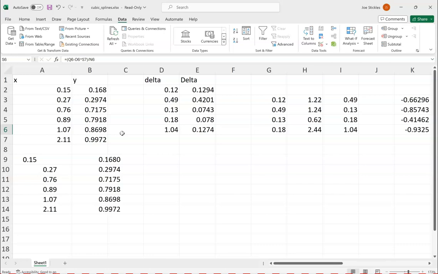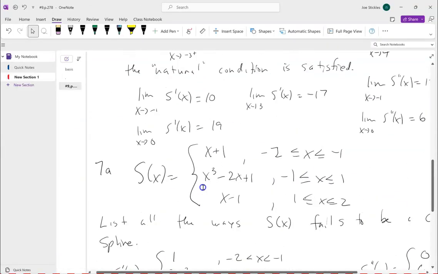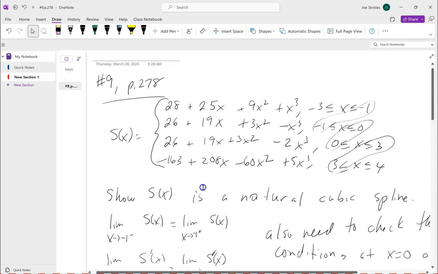Right? Should. Okay. So if I click back over here, there was our function, right? That we had. So notice that I'm going to need to do, I'm not doing this in my head. Let's do it. I can do it this way.